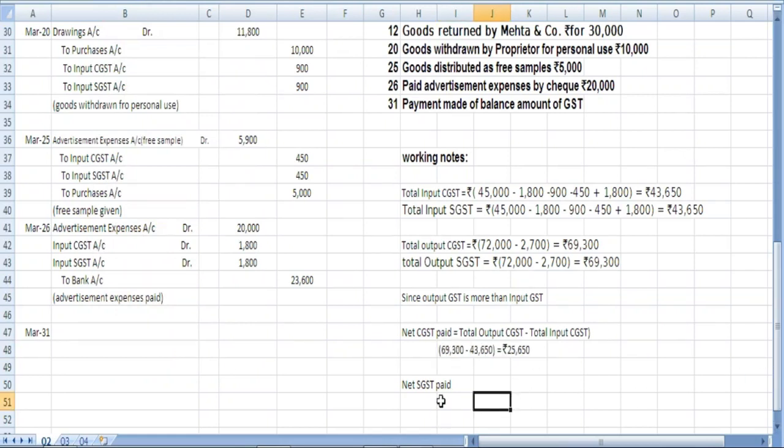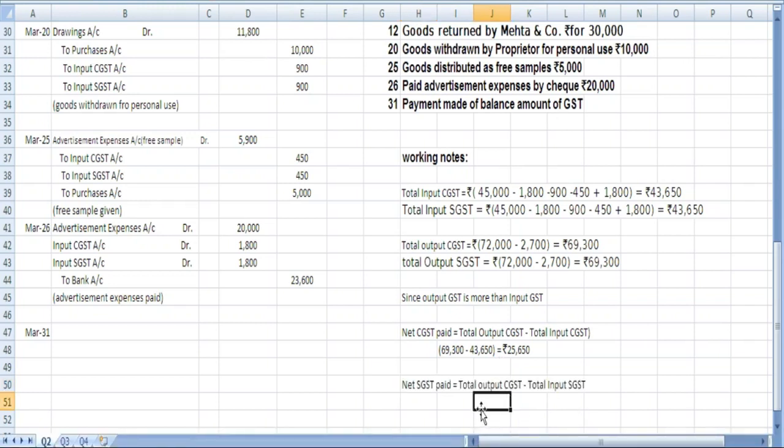Now the same will be net SGST. The formula will be the same: total output SGST minus total input SGST.